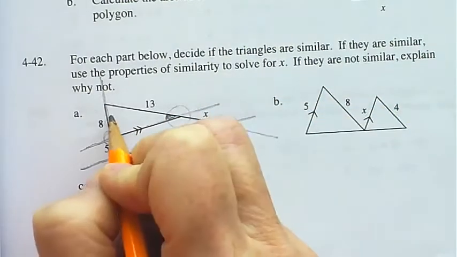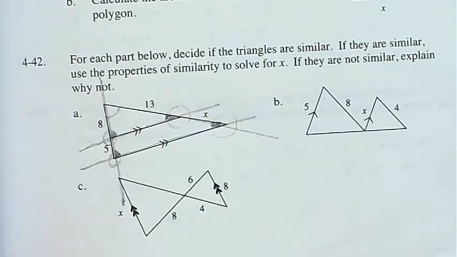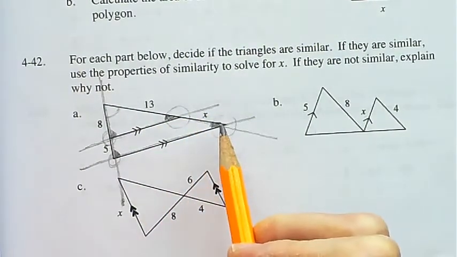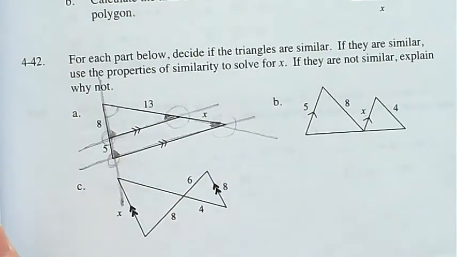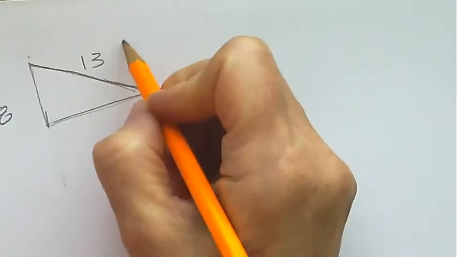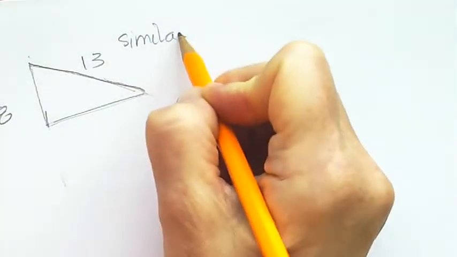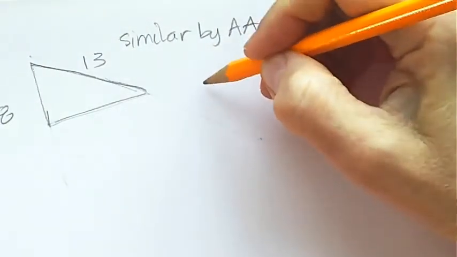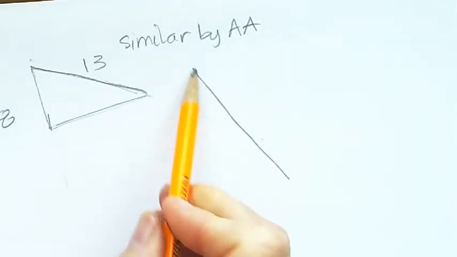And you actually have this overlapping angle that's shared by both triangles. So you've got all the angles the same. You really only need to know for sure that 2 angles are the same to know that 2 triangles are similar. So the triangles are similar by angle, angle.